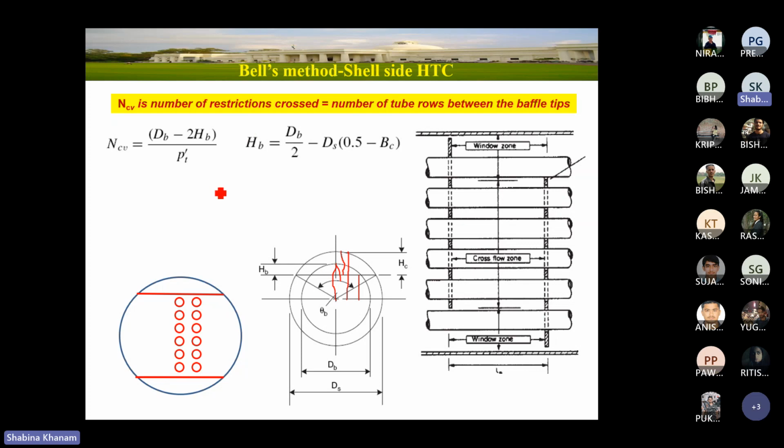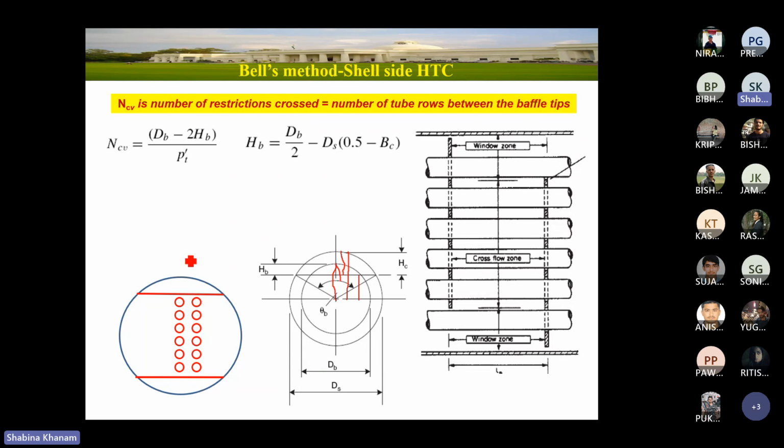So twice of HB you need to deduct from here, or you can simply consider geometry. You people are very good in geometry and mathematics, I believe, so you can apply geometry and find out HB.